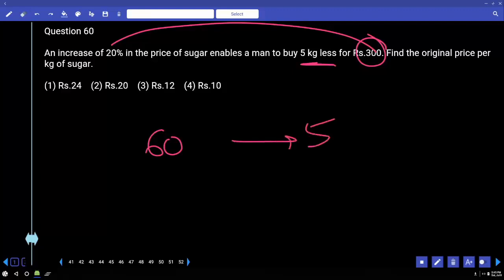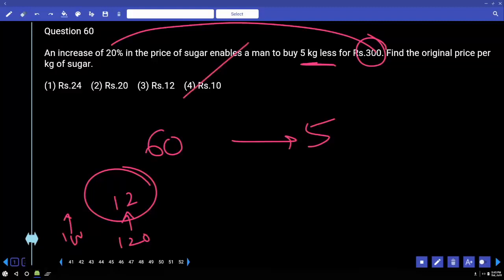So what is the price of each kg? 12 rupees. This is after increase in the price. What is the original price? This is after increase, means 120%. What is 100%? That is the original price. What is the increased price or new price?